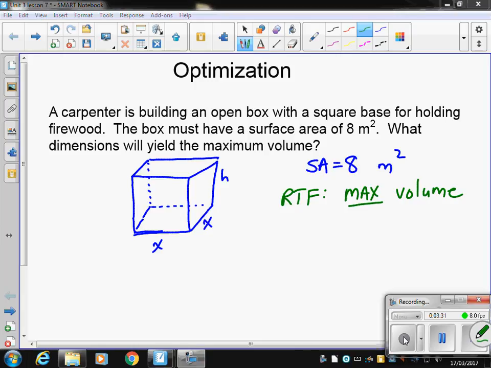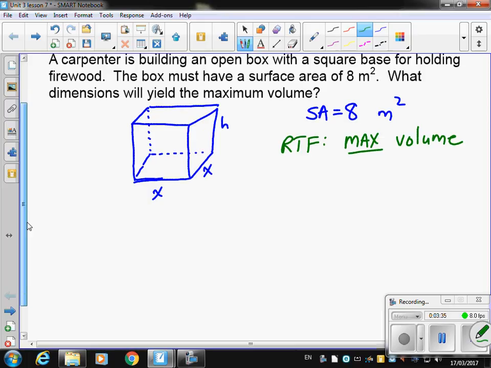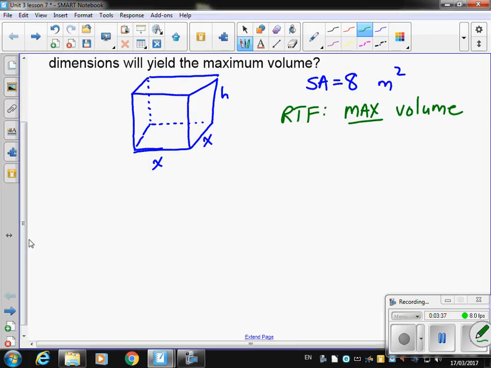So my thought process is this. If it's volume I want to maximize, it's volume that I need a formula for, that I'm going to find the derivative, that I'm going to find the endpoints for. So volume is the big idea. Volume of this, well, wretched shape would be x squared times h.